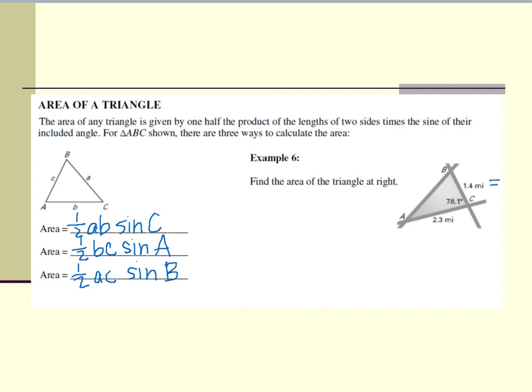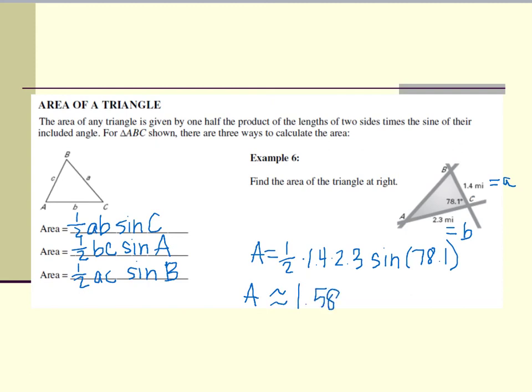This is A, this one is B, and this is angle C. So area equals 1/2 times our two sides, which is 1.4 times 2.3, times the sine of our included angle, which is 78.1. If you put that all into your calculator, you should find the area is about equal to 1.58.